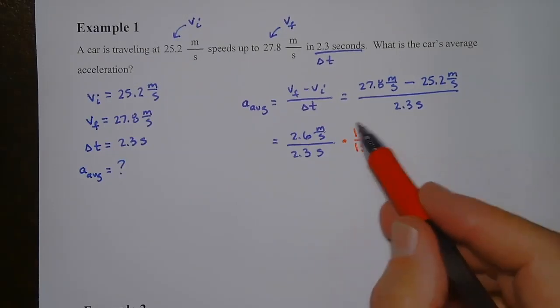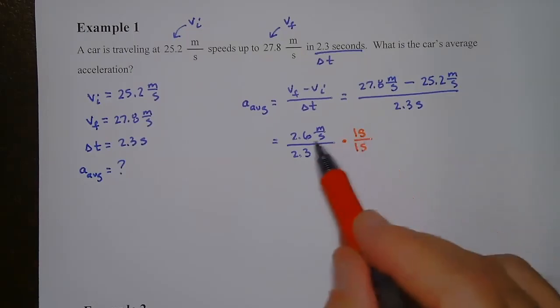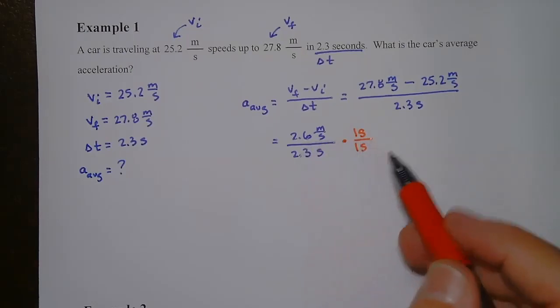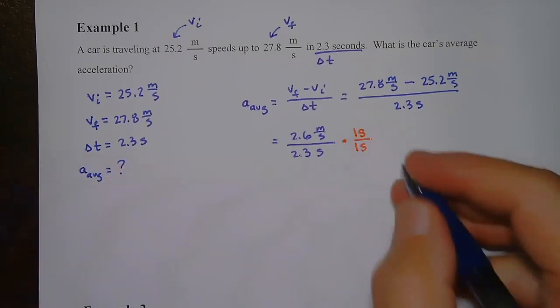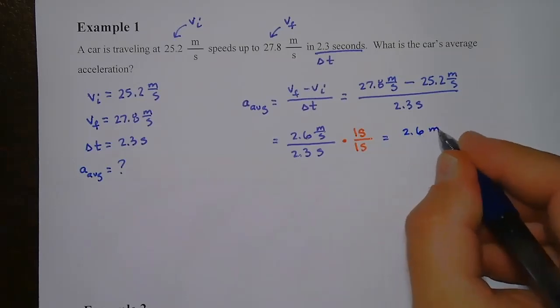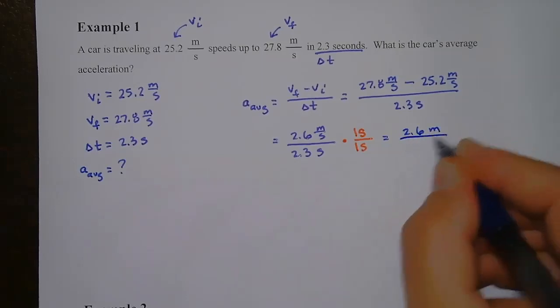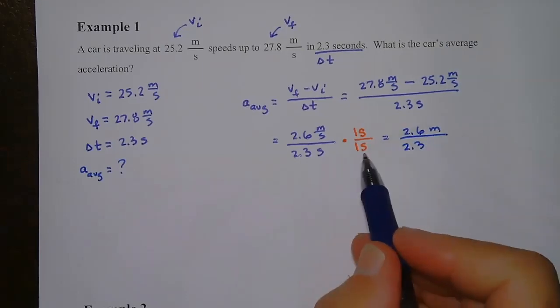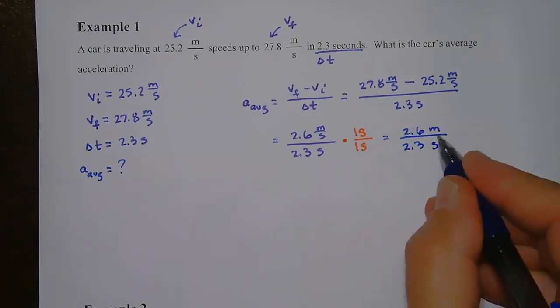So this is a version of 1, but what happens is when we multiply this, we get 2.6 times 1, which is 2.6 meters. So this is the same as 2.6 meters over 2.3 second times second, which is seconds squared.